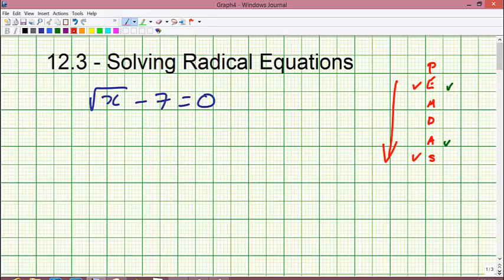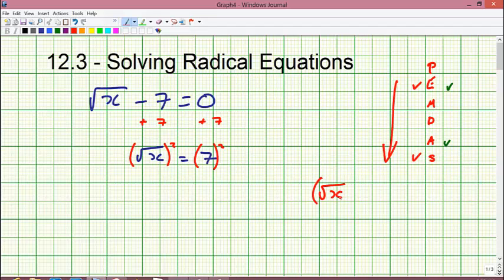So the square root of x minus 7 equals 0. We're going to add 7 to both sides, and then we are going to square both sides. The reason we square both sides is in order to get rid of the square root of x.